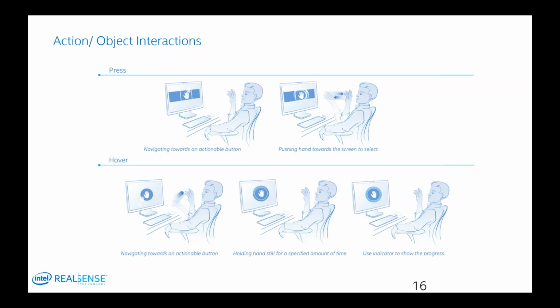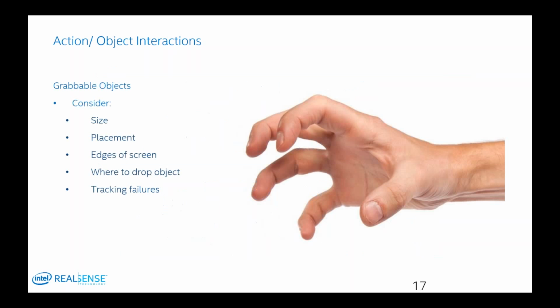Again, on hand tracking, if you want to implement full 3D interaction with objects, consider the size and the placement of the objects on the screen to avoid occlusion. You should prevent the user from having to reach the edges of the screen, because then the hand will go out of the field of view.